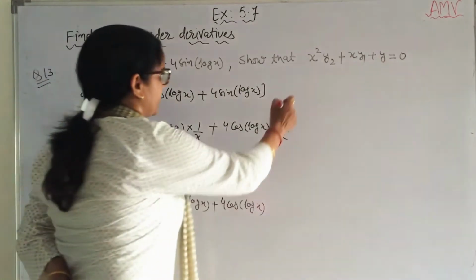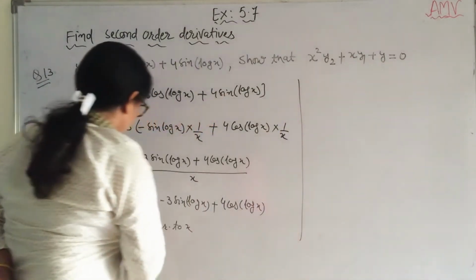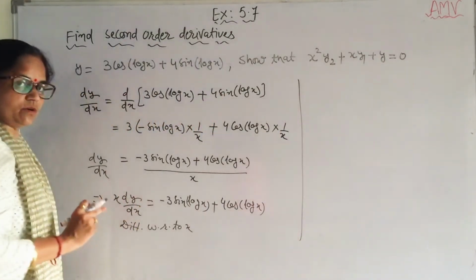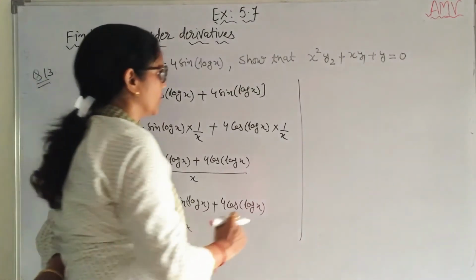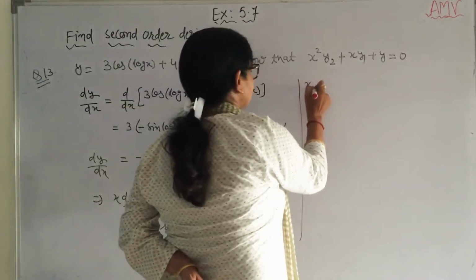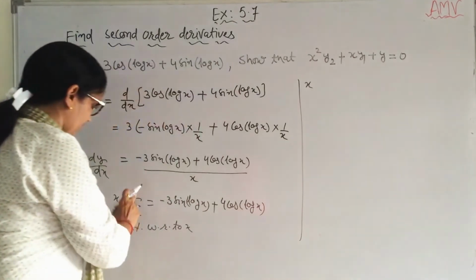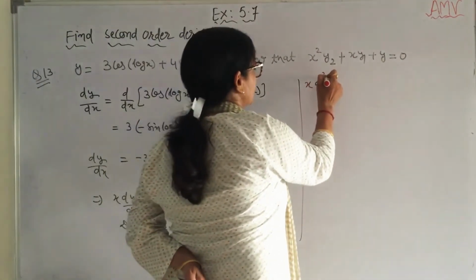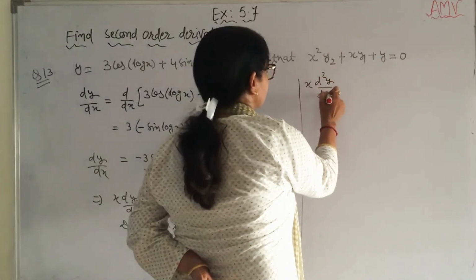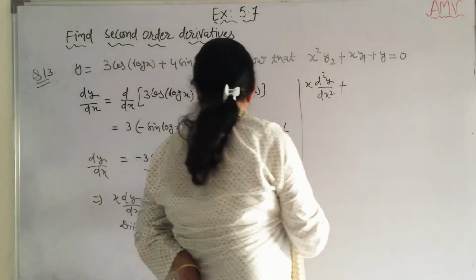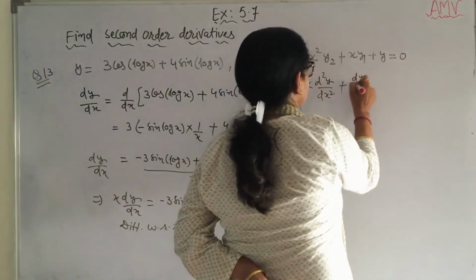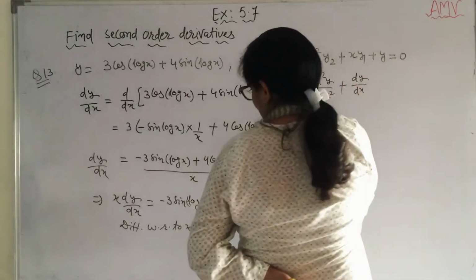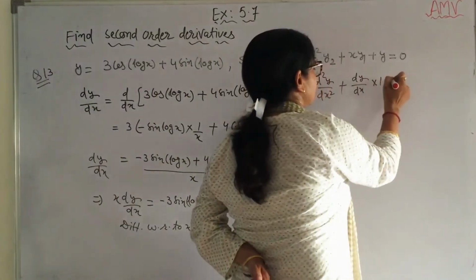So here in the left hand side we have to apply the product rule. First x as it is, the derivative of dy by dx is d square y by dx square. Now plus dy upon dx as it is, the derivative of x is 1.